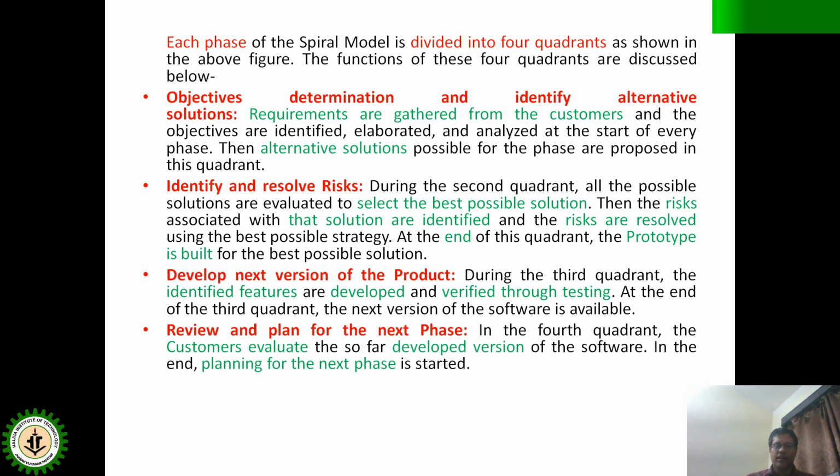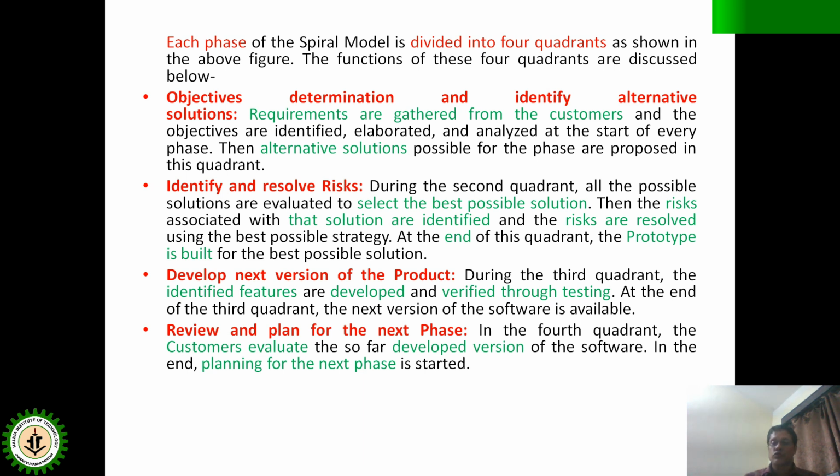Then the third quadrant is develop the next version of the product. During the third quadrant, the identified features are developed and verified through testing. At the end of the third quadrant, the next version of the software is available.